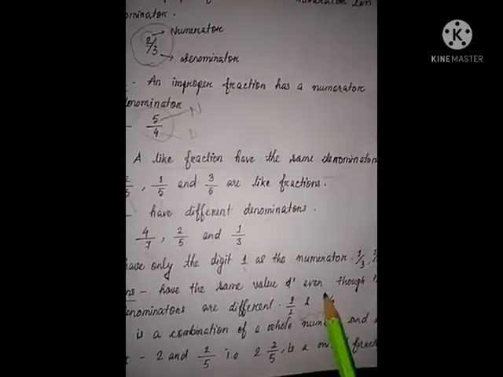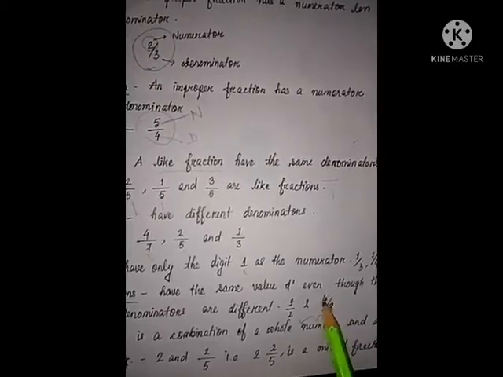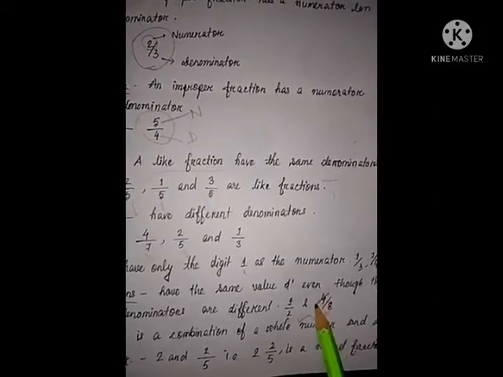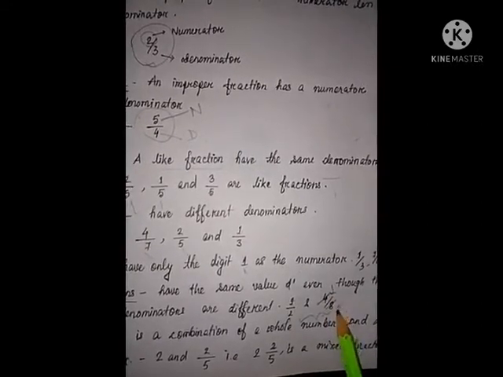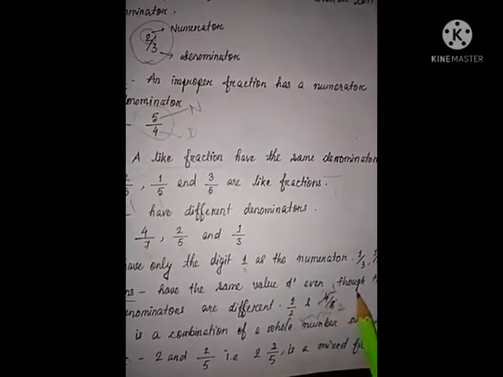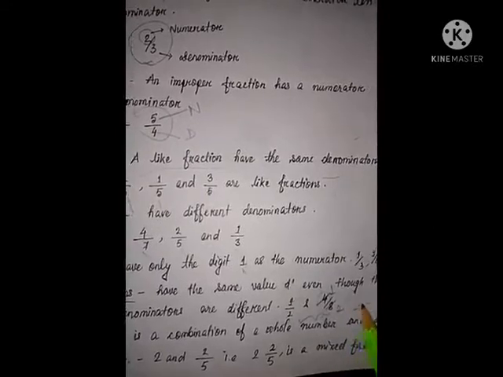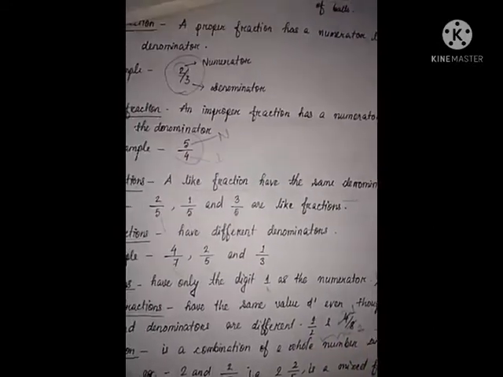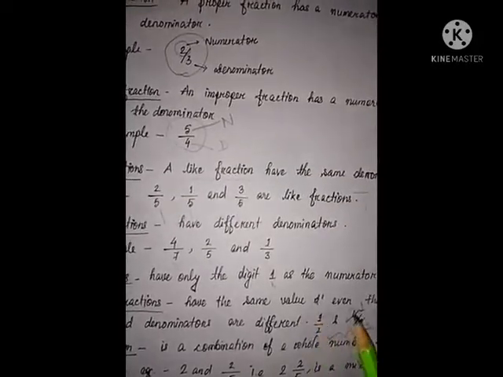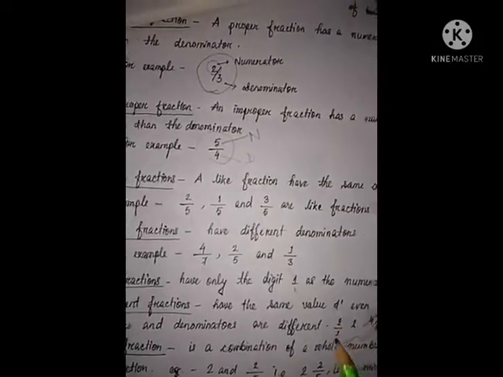Why? Because see, the value of 4 by 8: 4 1s are 4, 4 2s are 8. So the value of 4 by 8 is also 1 by 2, and this is equal to this, right? Hence 1 by 2 and 4 by 8 are equivalent fractions.